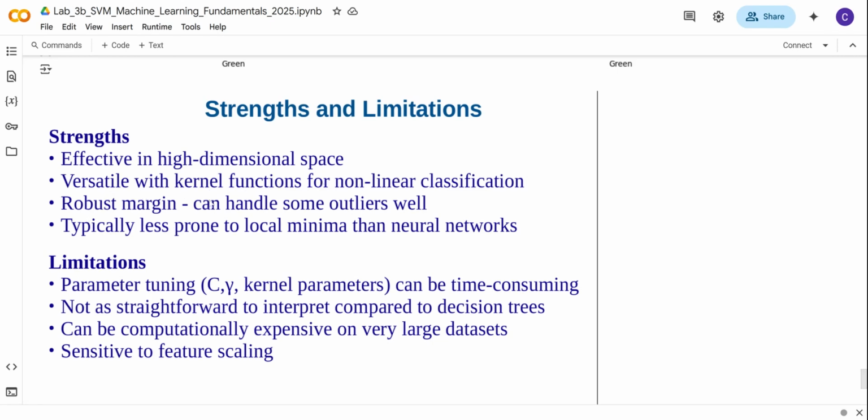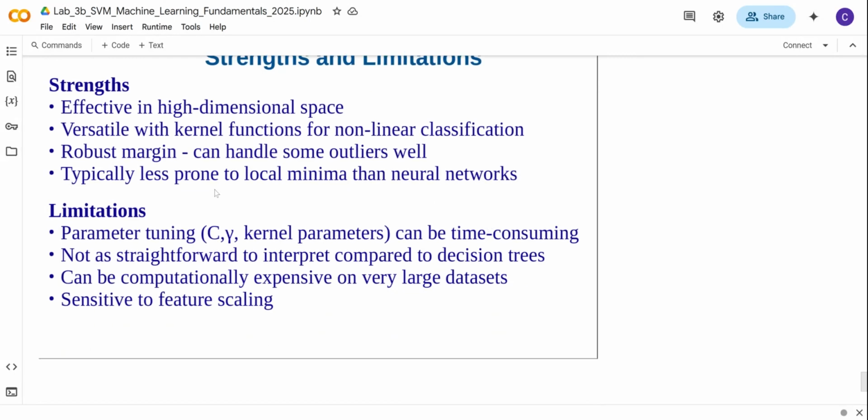They also have a robust margin, which can handle some outliers in the data. And they are less prone to local minima than neural networks. When we look at neural networks for deep learning, we are going to talk about local minima.